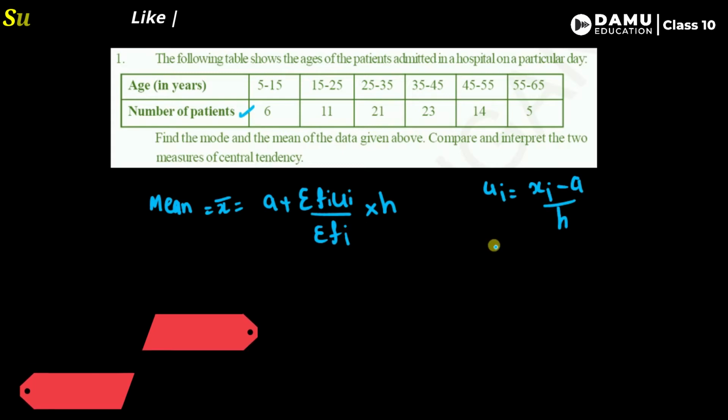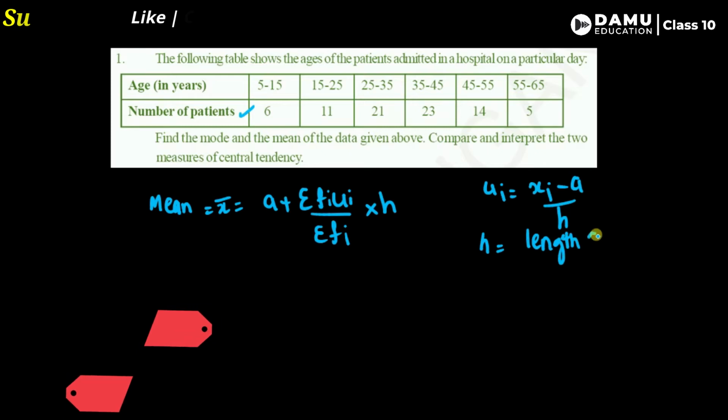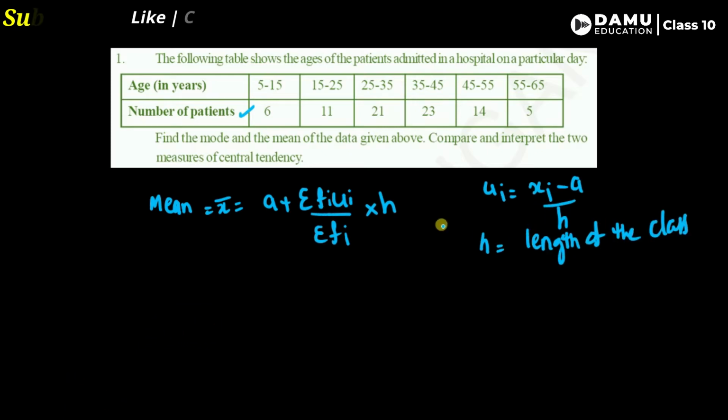A is the assumed mean, h is the class length. x i is the middle value, that is the lower limit plus the upper limit of the same class interval, divided by two. The assumed mean we are going to calculate. So this is the formula of mean.